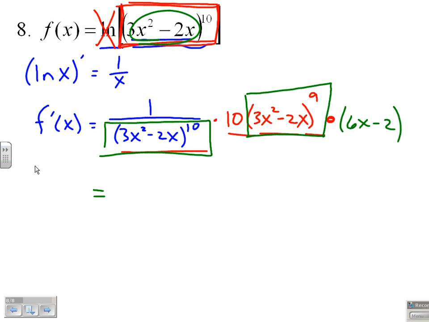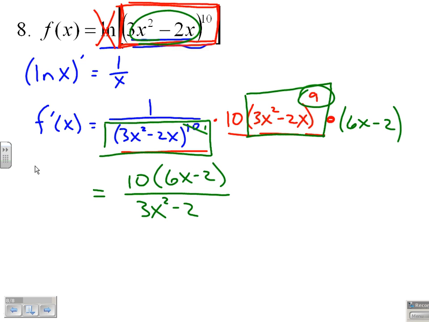So in the numerator, I would have a 10 and a factor of 6x minus 2, but 9 of these guys that want to be in the numerator can wipe out 9 of those common factors in the denominator, and I end up just with 3x squared minus 2x to the first in the denominator. And that is probably worth some review along the way, but a lot of information there, and probably worth pausing and going back through that at some time.